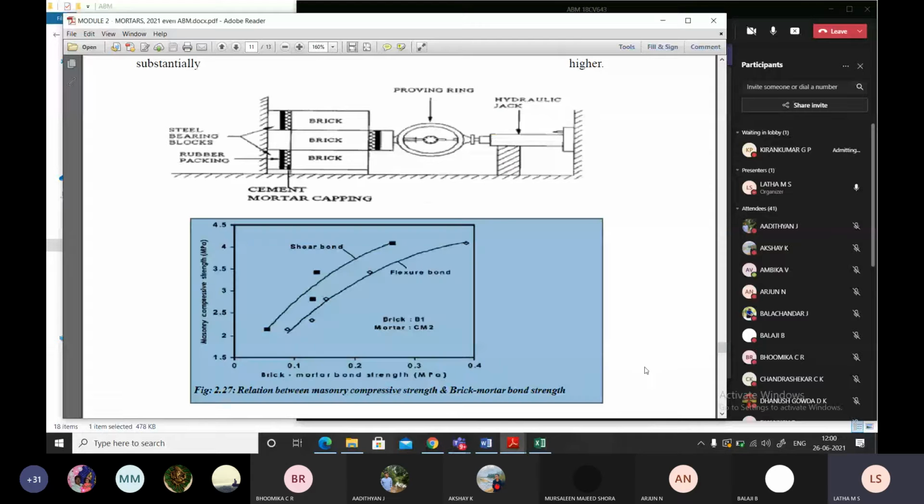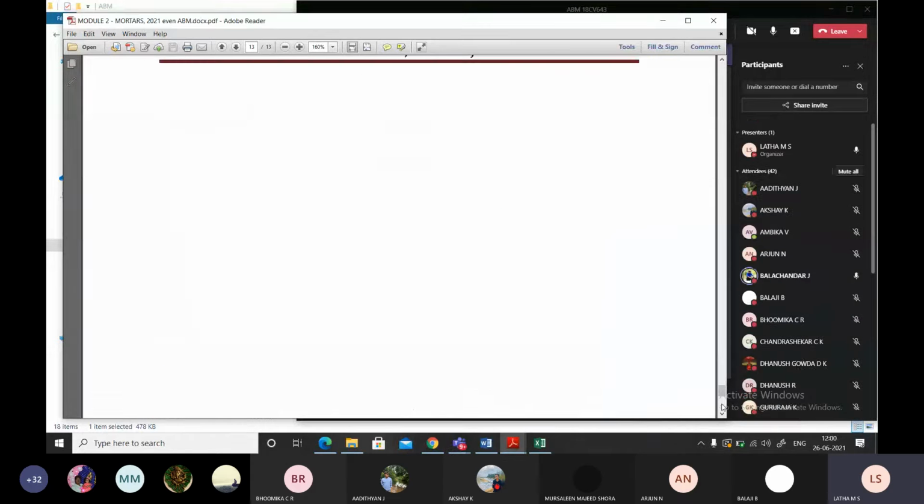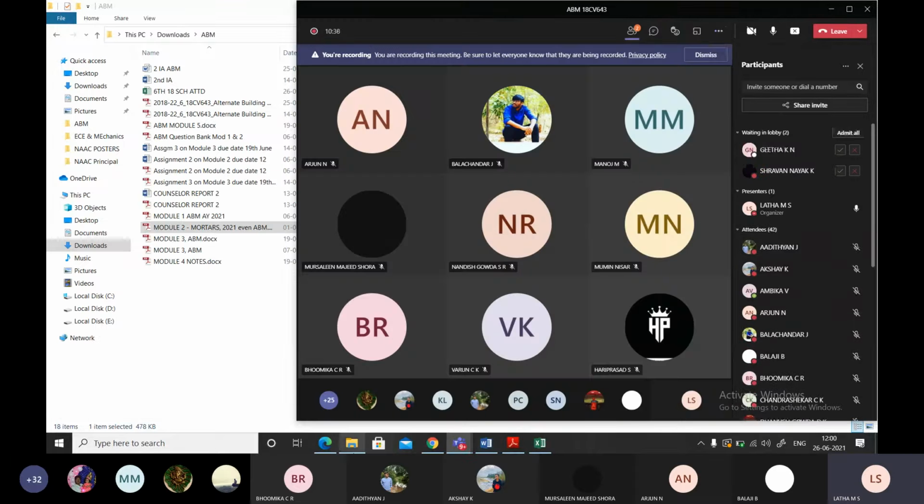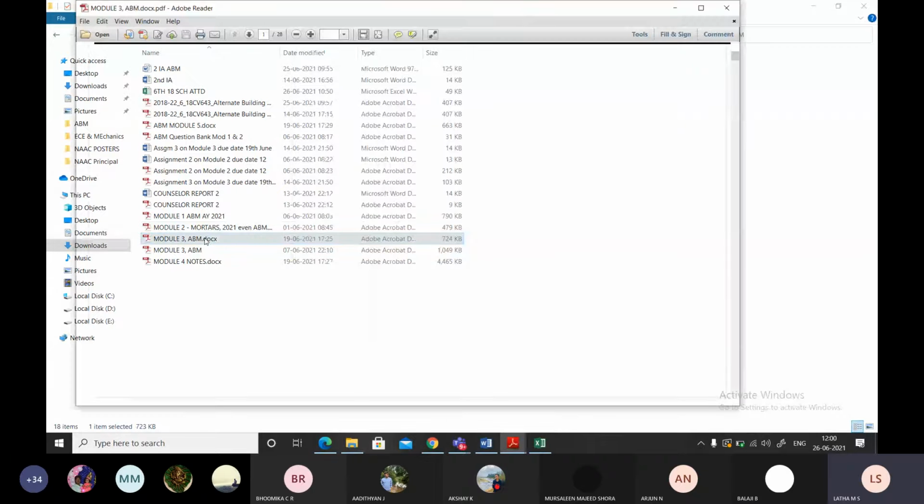It's all available on Teams. Please refer to these notes and understand. If you want to refer to any book, I have shared the details of the library content also, how to look into the library books.